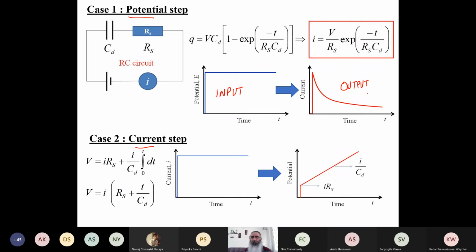The nature of this exponential decay depends on RS and CD, and we saw that in real time. In the case of current step, the output is first a linear increase in the potential across the system, and if you continue, you will finally end up with a catastrophic failure. So this is just a summary of what we looked at so far.